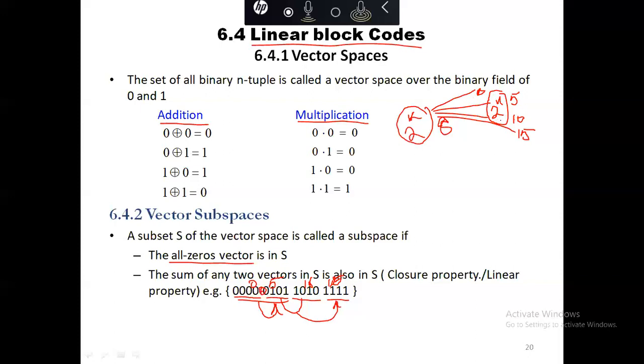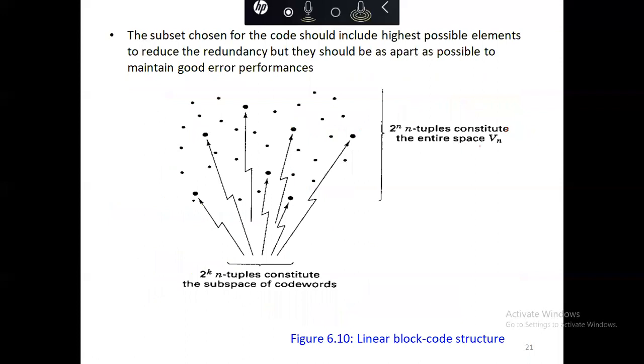But ultimately, we can say that we are increasing the distance between the data space and the code word space. So we are improving the distance property of the code word space to minimize error.